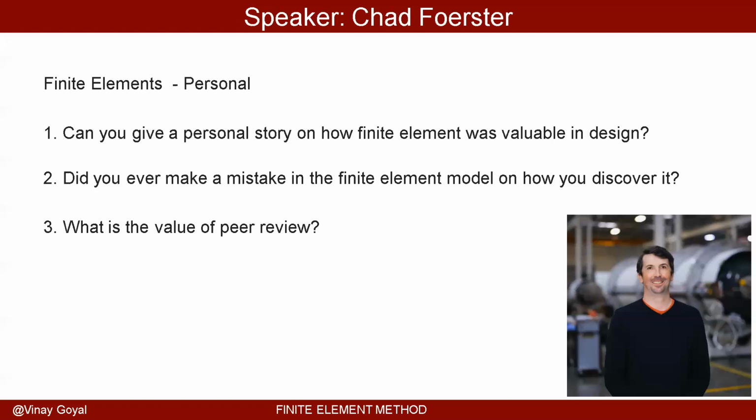Yeah, I'm trying to think of a good one. I would say one of the things that's really cool about finite modeling, and this is kind of the decisions, is using it to make key decisions about architectural aspects of a structure that are localized at interfaces.